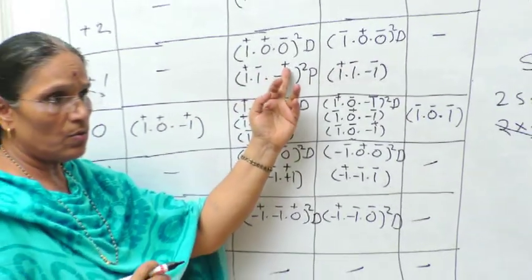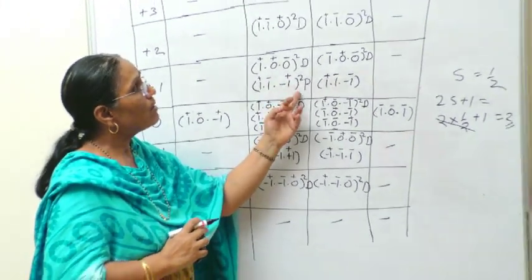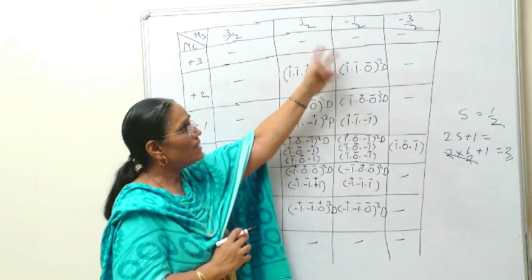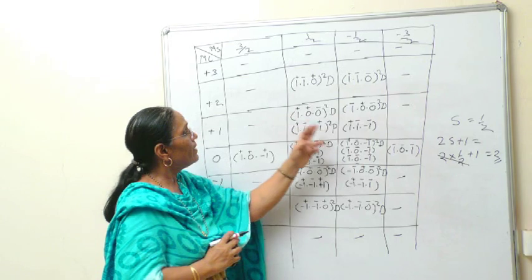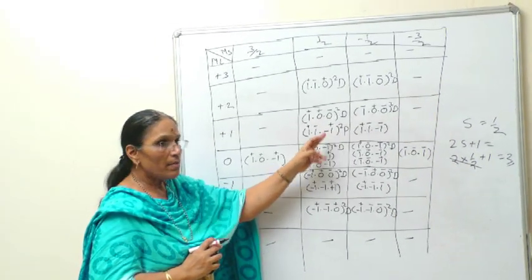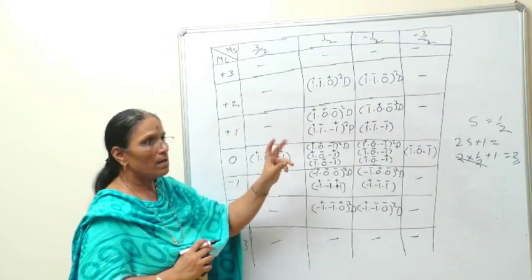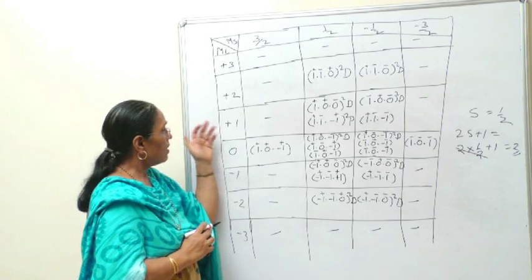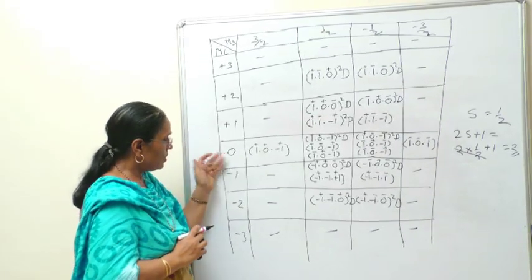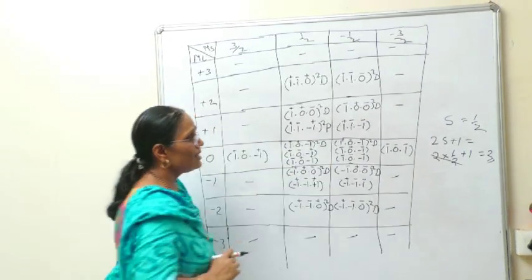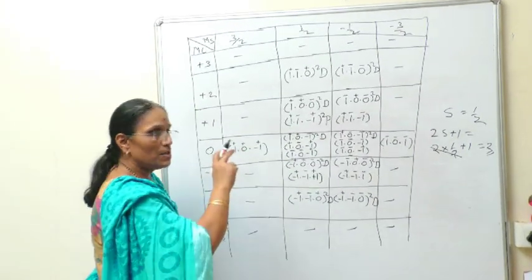Spin multiplicity 2 means this term will occur under 2 spin values, plus 1/2 and minus 1/2, and it also occurs for 3 ML values, because P has 3 orbital quantum values: plus 1, 0 and minus 1. So we assign a total of 6 microstates to this doublet P.